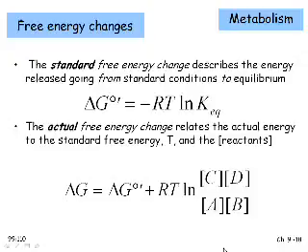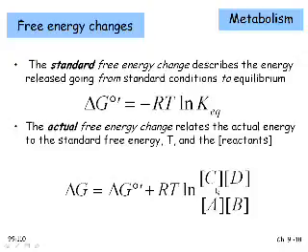And I'm not going to ask you to calculate from standard free energy changes, but this is the relationship between it, that you have an actual free energy change will be related to the standard free energy change times a constant times the actual concentrations. So if the actual concentrations are quite different than standard conditions, then the actual free energy change can be quite different than the standard free energy change.